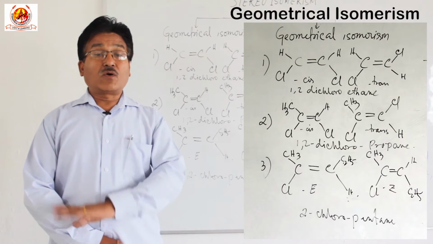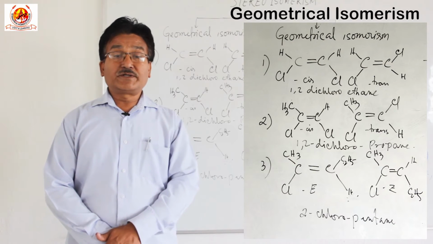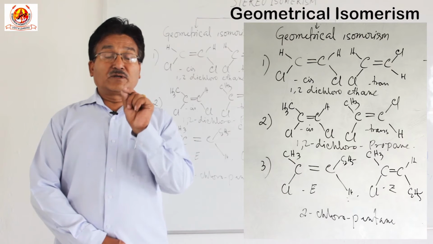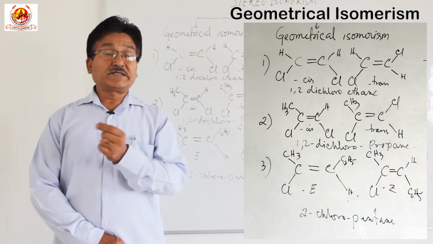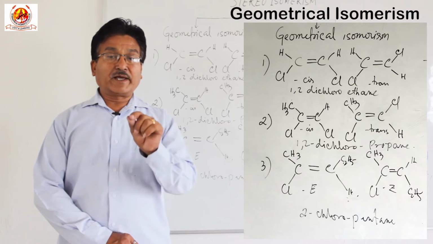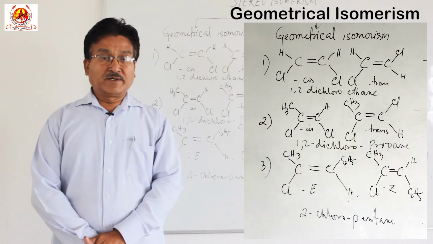All are different. In this case the nomenclature will be changed. As you know, E-Z nomenclature is introduced instead of cis and trans, because we have no reference group here. We have to introduce priority groups.